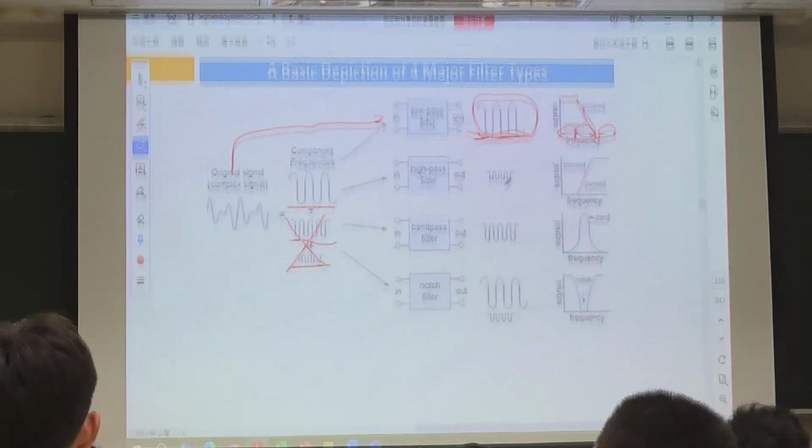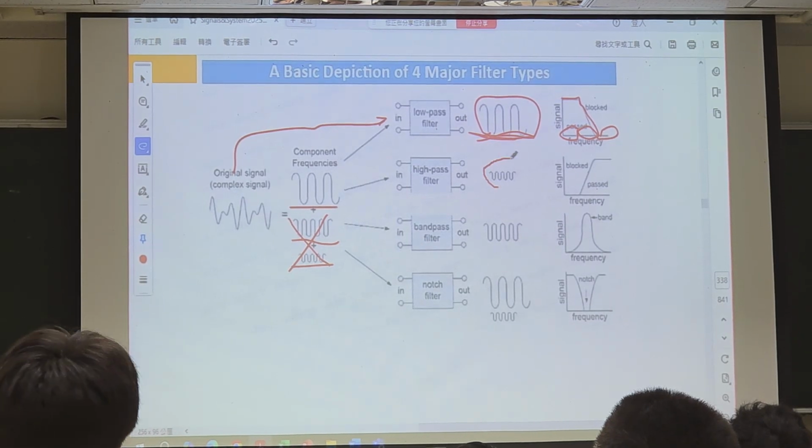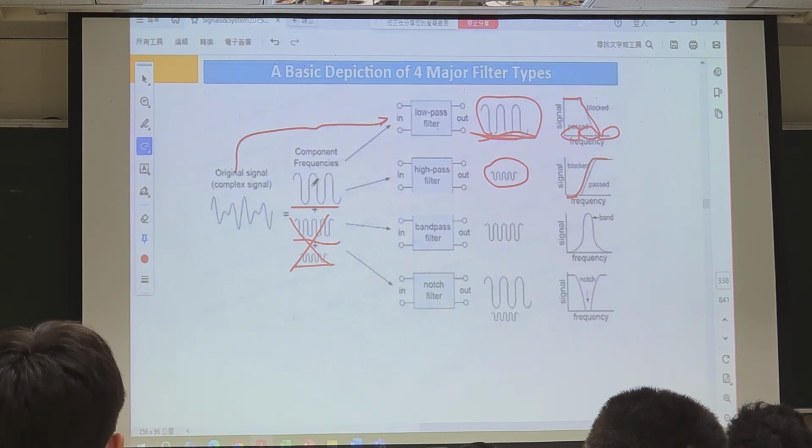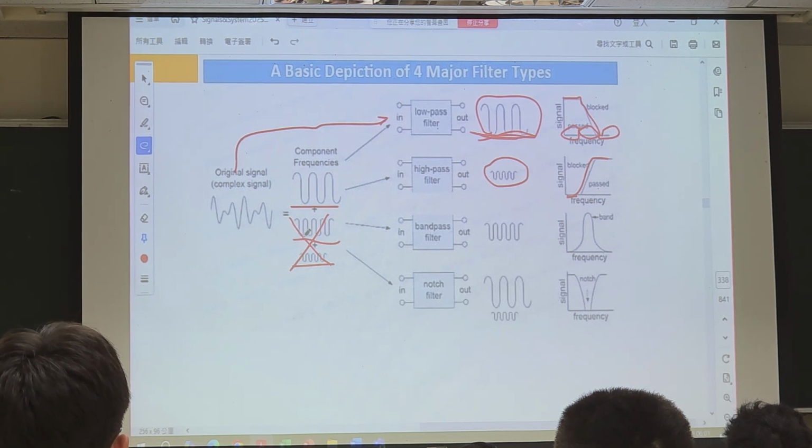Alternatively, if I want to allow only the high frequency component to pass, then I choose a high pass filter. Then the low frequency and mid frequency components are attenuated, so only the high frequency component can go through.